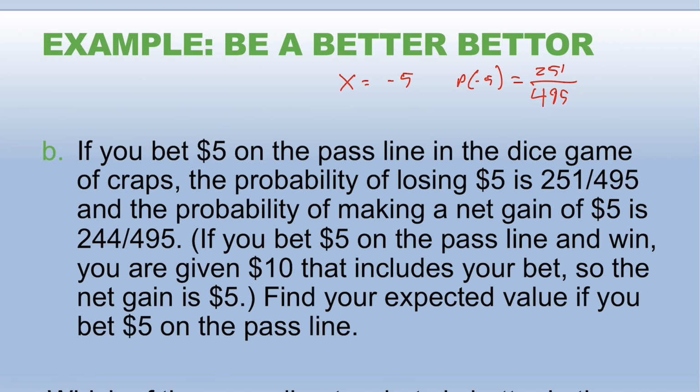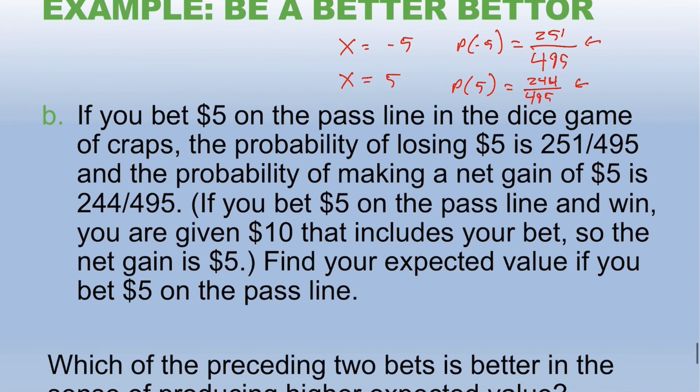If you bet $5 on the pass line and win, you are given $10. Yay. That includes your bet, so that your net gain is $5. Okay, so what does that mean? So that means X equals $5 as a net gain, and the probability of that happening is 244 over 495. So I am more likely to lose money than I am to gain money there.